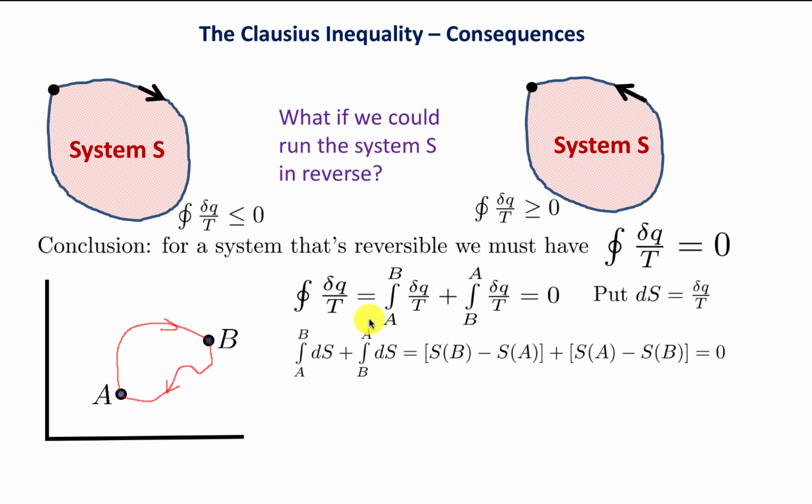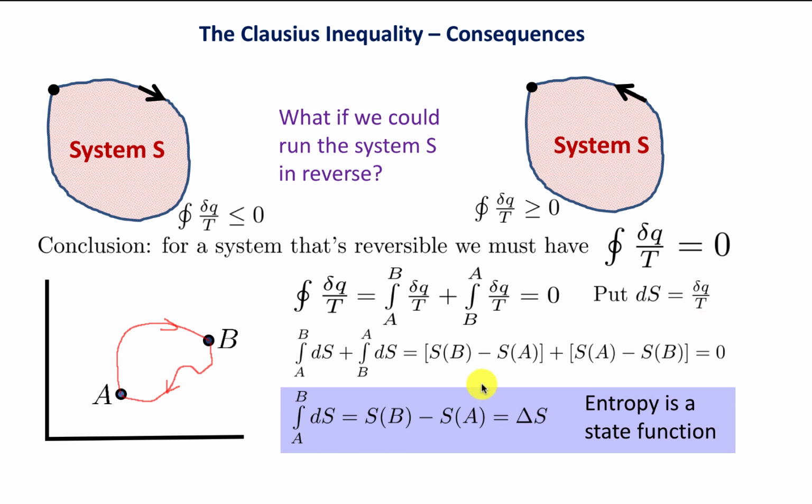So the only way in which this relationship can be satisfied is by this being equal to this, and the other path yielding this. To summarize, the integral of delta Q over T, or dS, as we've written, from any point to another point is equal to the entropy at the final point minus the entropy at the initial point, and that is what we will call the change in entropy.